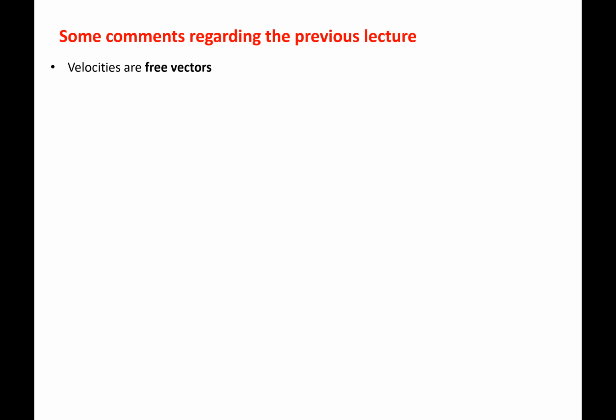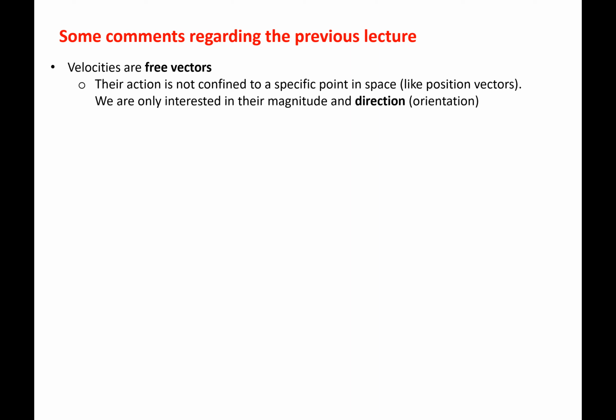They are not bound to a position, and that's exactly what I'm explaining here. You're not confined to a point in space, unlike position vectors, where you need to define the specific point the vector passes through. That's not the case with velocity vectors, and we only care about their magnitude and their direction, so basically their orientation.